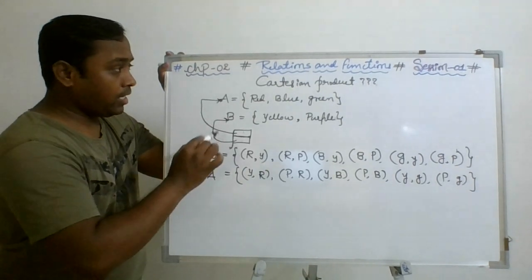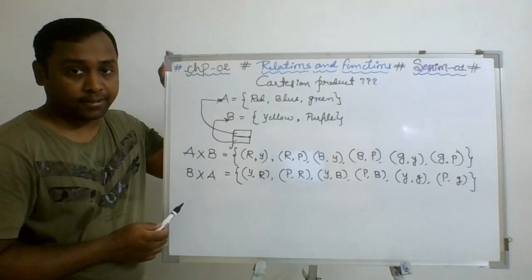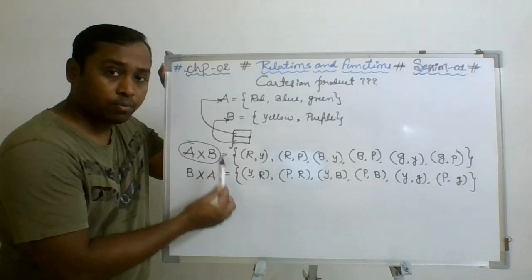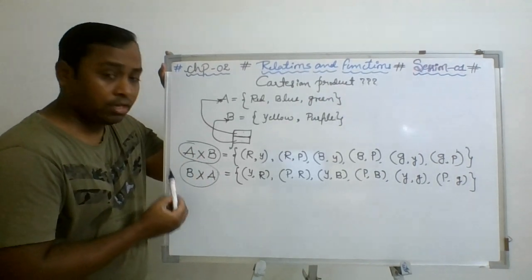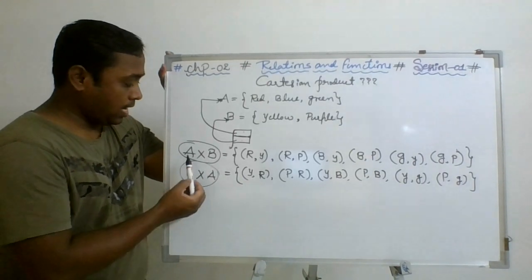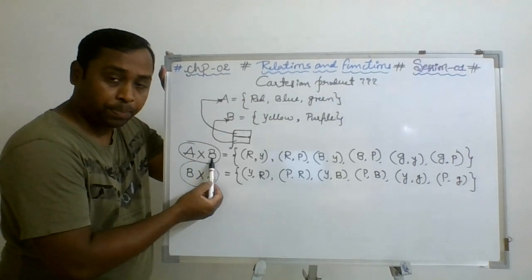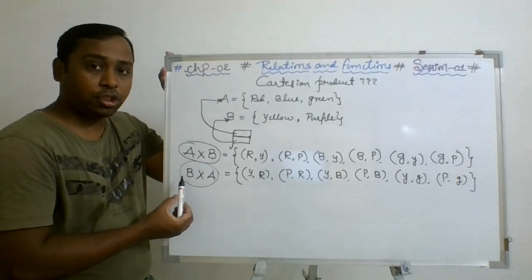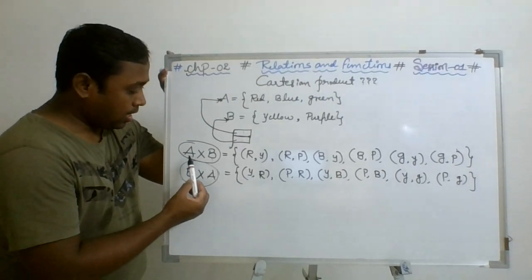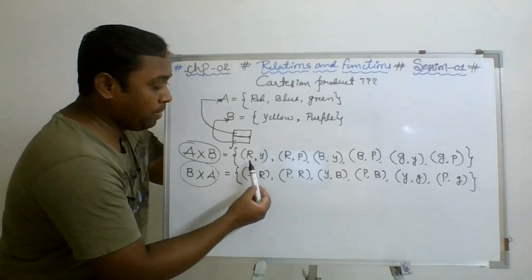So when we say the Cartesian product of two sets, there are two different meanings. Either you are dealing with the combination of A cross B, or with the combination of B cross A. A cross B means the Cartesian product of A with B, and B cross A means the Cartesian product of B with A. A cross B gives elements that are ordered pairs.